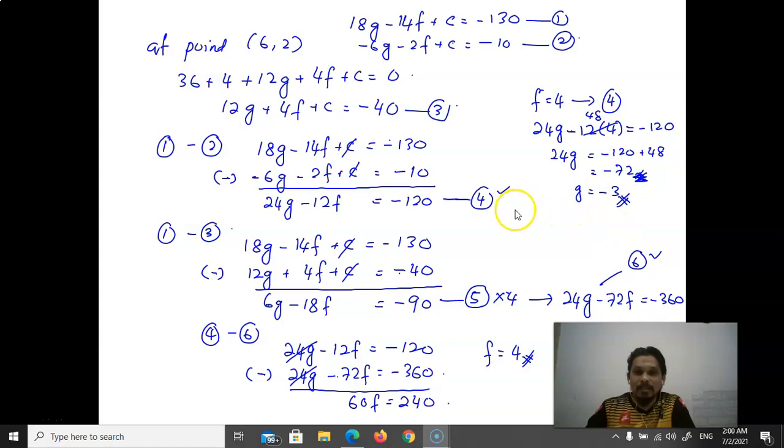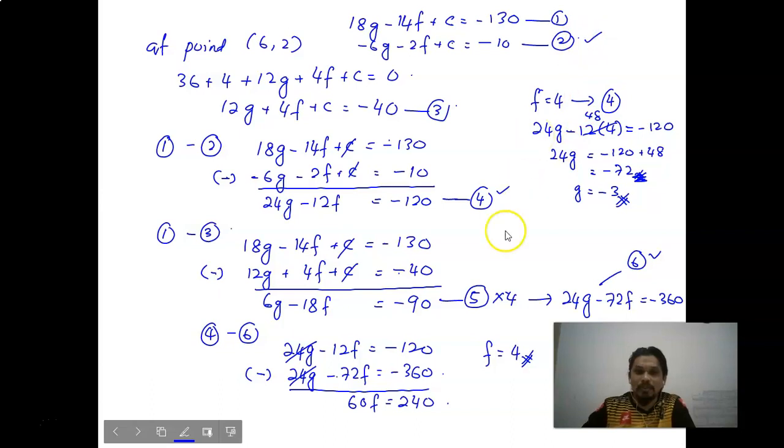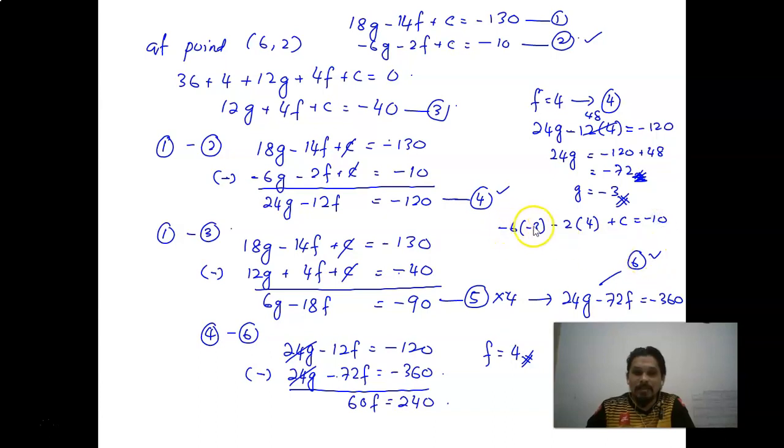So then, let's say I use equation 2 here, so then negative 6 times g is negative 3, minus 2 and f equal to 4, plus c equal to negative 10. Negative 6 times negative 3 is 18.